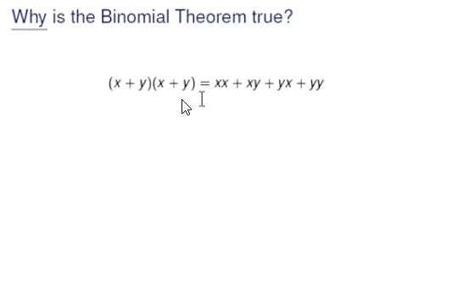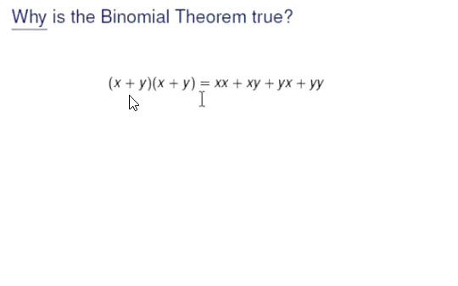So how to multiply x plus y with x plus y? We multiply the first element of this one with the first element, then the first element with the second element, the second element with the first element, and then the second element with the second element, and then we will get this.